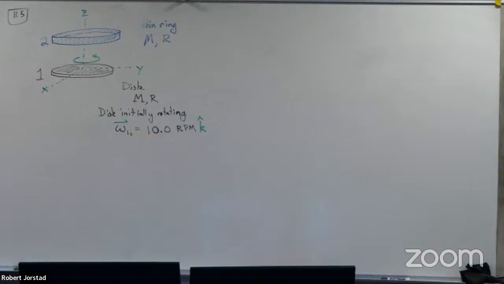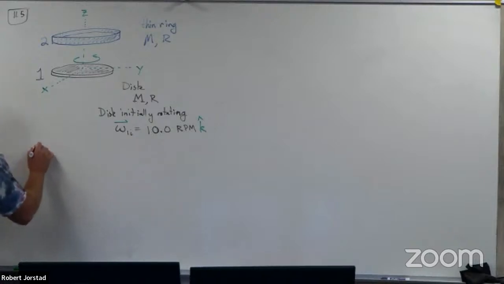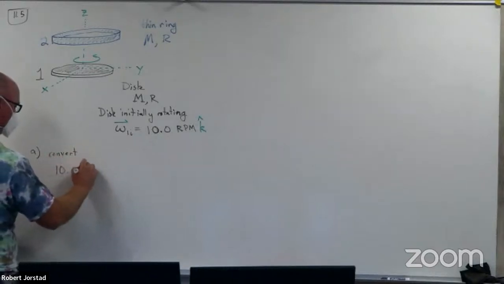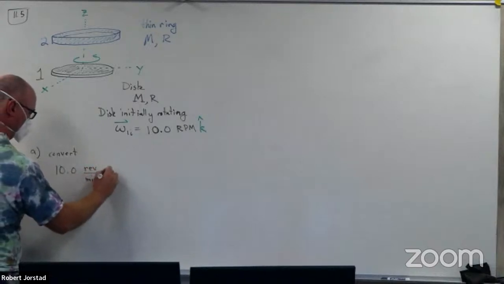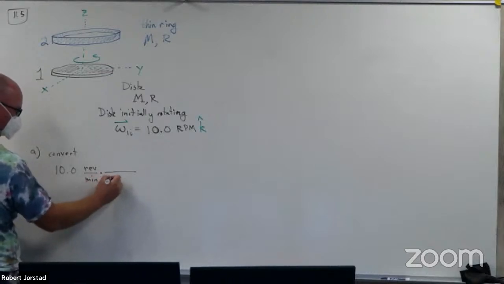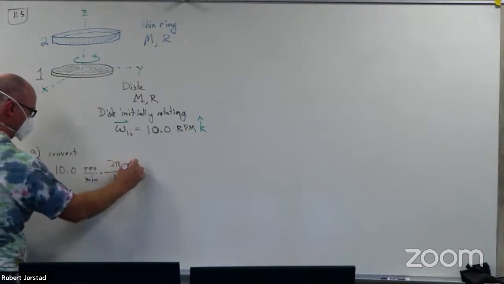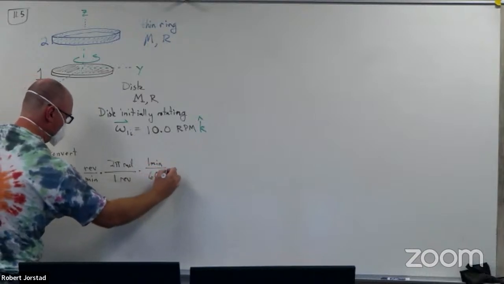all right? All right, so reading this problem, let's read part A. Just in case we need it, convert 10.0 revolutions per minute to radians per second. Well, I know that's, wait, 1 rev is 2 pi radians, and 1 minute is 60 seconds.